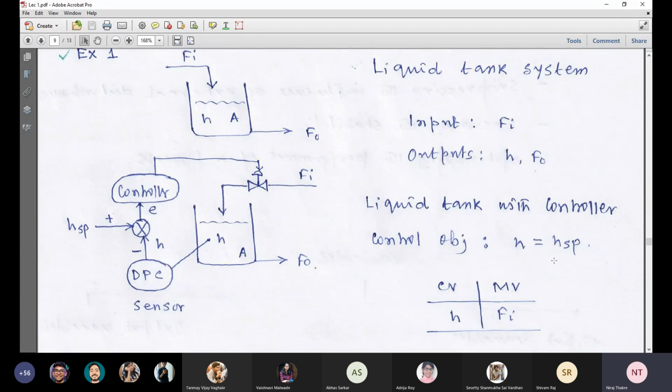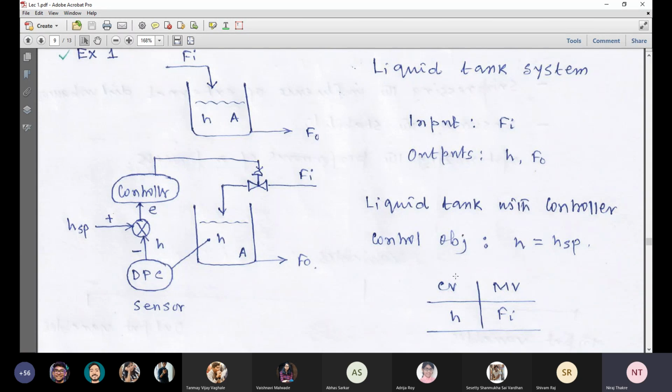So if you fix your control objective, like for this example system, height is the control objective. So in a straightforward way, put the height under the control variable column. I repeat, if you fix your control objective in terms of a particular variable, you consider that variable as the control variable.